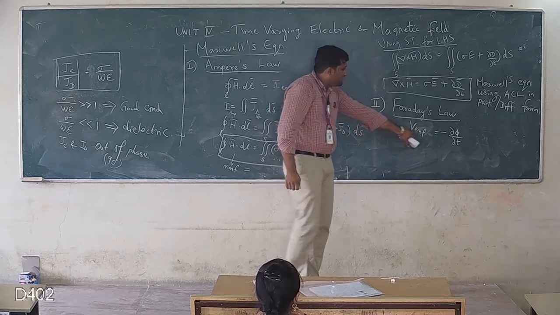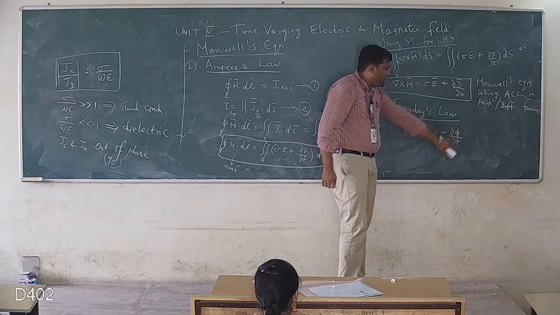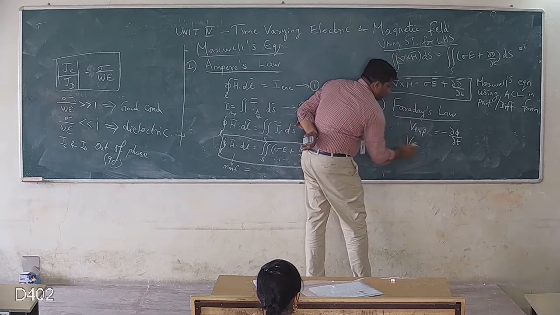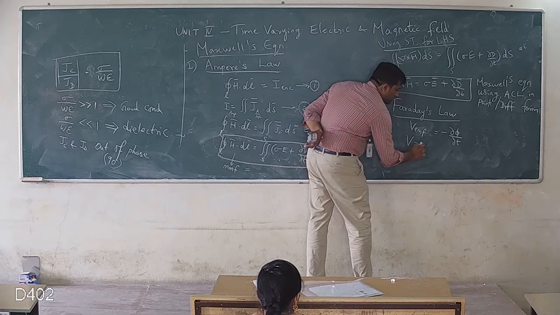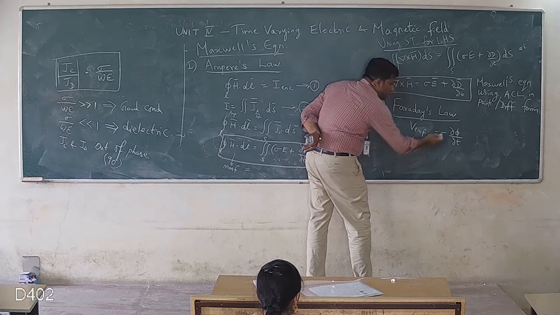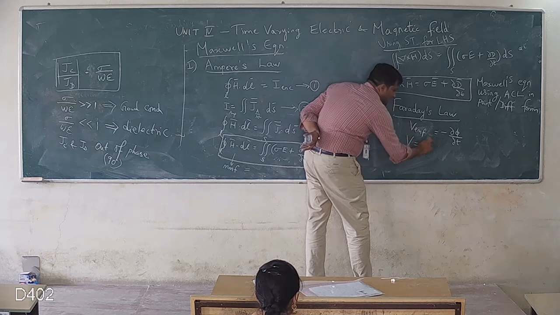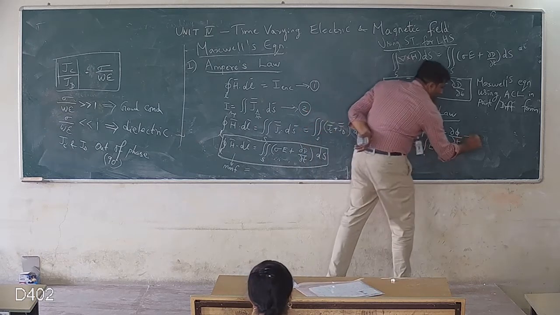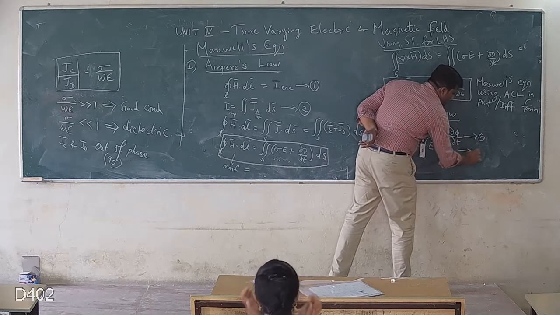Electromotive force is equal to minus d phi by dt. And from unit number 1, V is equal to minus the integral, this minus is already obtained here, so it is the integral of E vector dot dl vector. So this is equation number 1 and this is equation number 2.